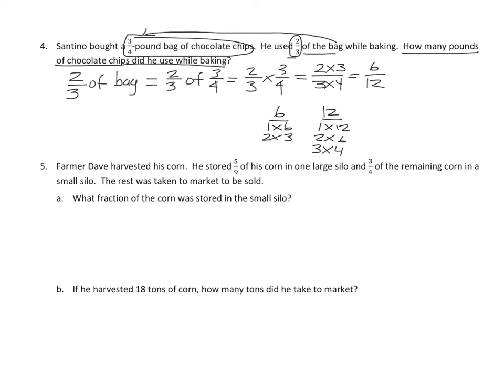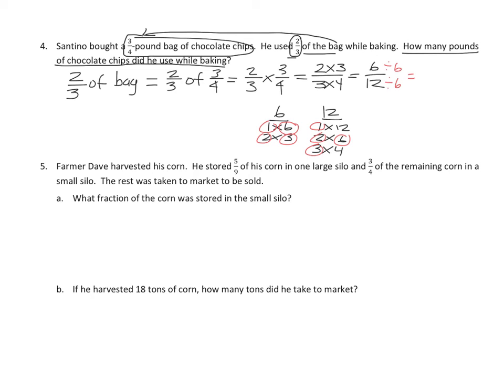They have 6 factors. The biggest number they both share is, I see 2, I see 1, I see 3, and I see the biggest one, which is 6.